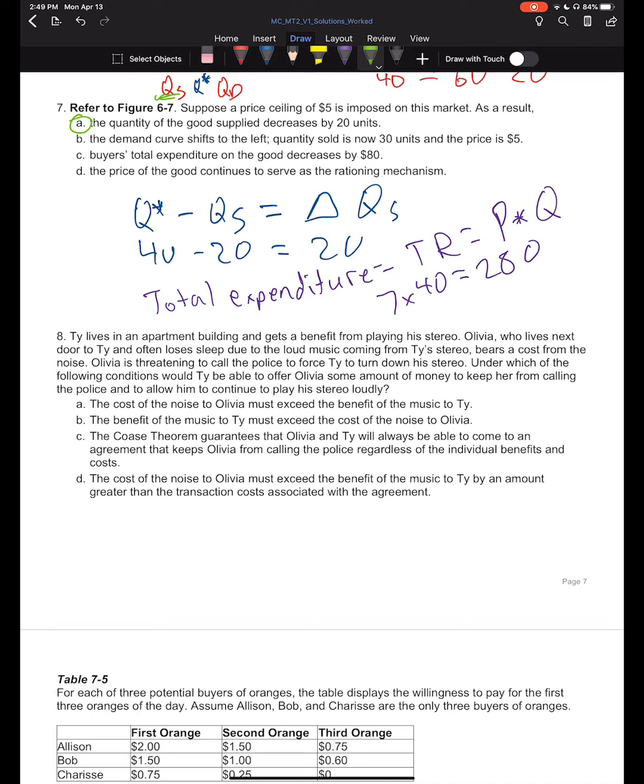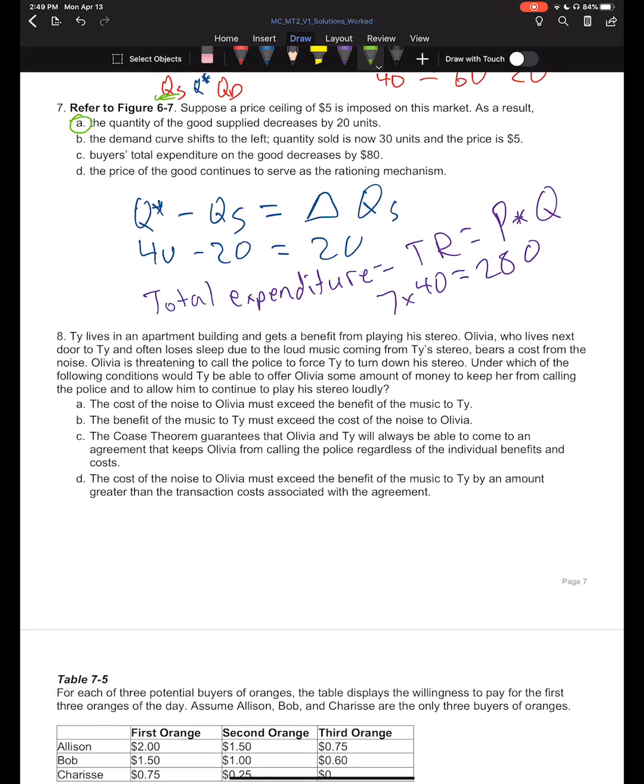So this is a Coase theorem question. Remember, as long as transaction costs are not too high, two parties can come together and reach an acceptable agreement among themselves as long as the marginal benefit is higher than the marginal cost.